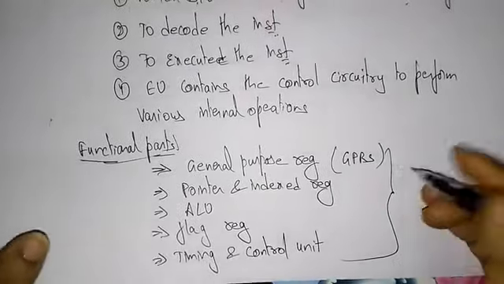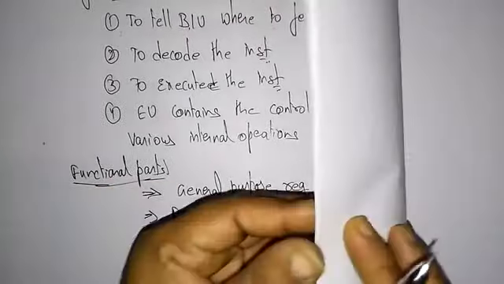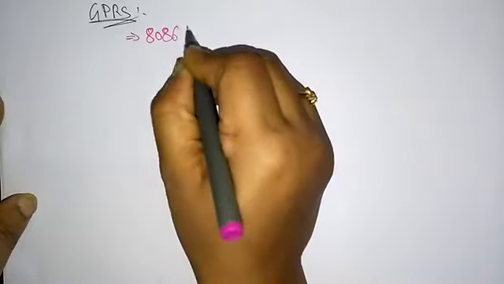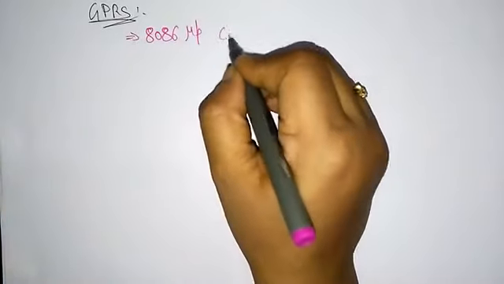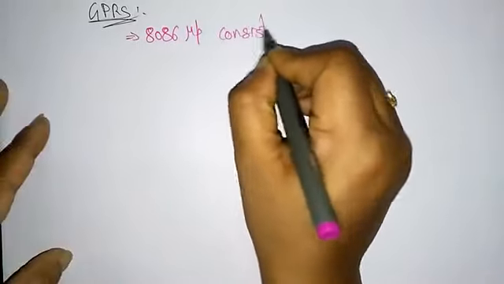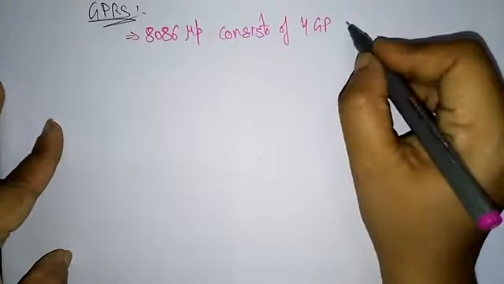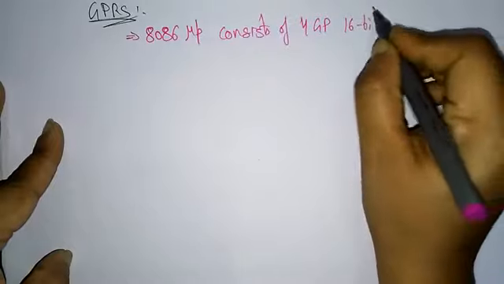Now let us discuss one by one. The first functional part is the general purpose register. What is the role of the general purpose registers in the 8086 microprocessor? The 8086 microprocessor consists of 4 general purpose registers, each of size 16-bit.